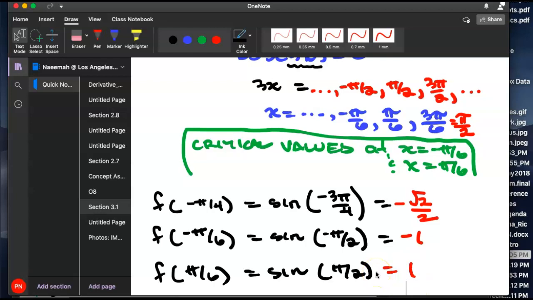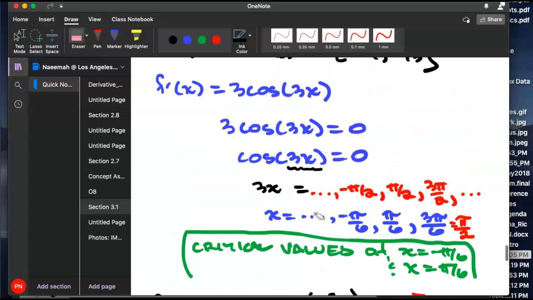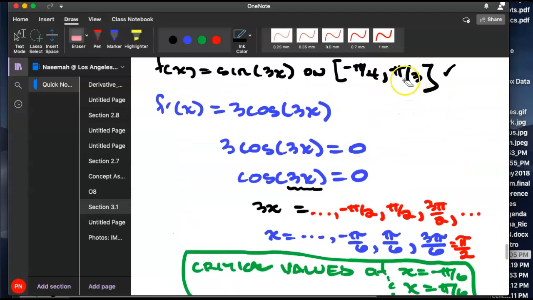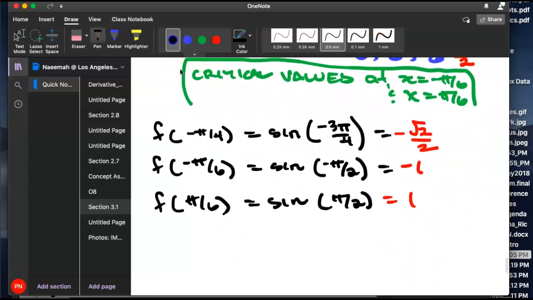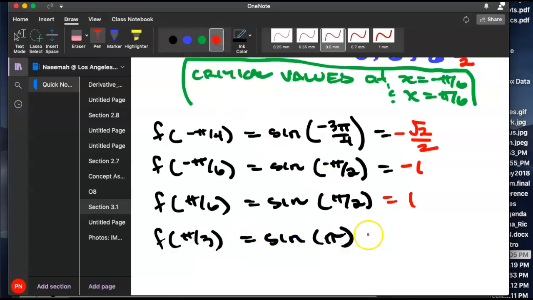And then we have to evaluate the last one at pi over 3. When the 3's cancel, you're going to get sine of pi. So f at pi over 3 is sine of pi, and when you evaluate that, you're going to get 0.